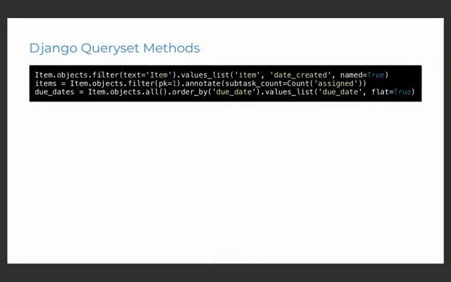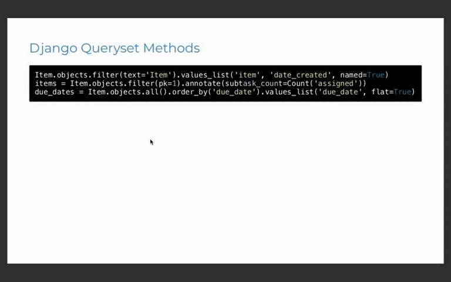Like I did a while ago, I called .all, and then I specify the values list. Or let's say I filter and I get this item and I annotate it. By annotation, that means I'm adding this attribute and then this value. Basically, I'm counting all the subtasks that I have.